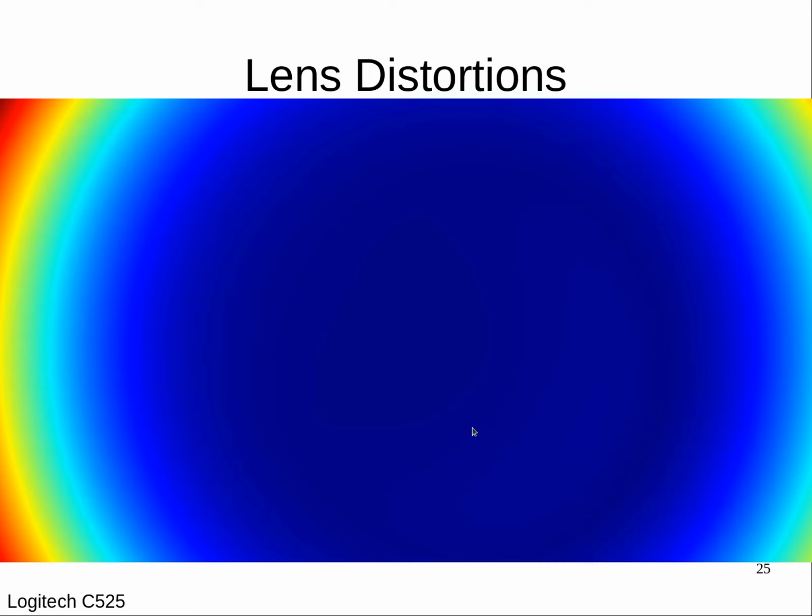And as you can see, we have the radial distortion, which is pretty prominent here. And it also has a slightly shifted principal point, because you see more of the radial distortion on this side than on this side. And if you look closely, you also see a little bit of tangential distortion in here. Like here, this spot is slightly brighter than this spot. So there's also a small tilt of the sensor.